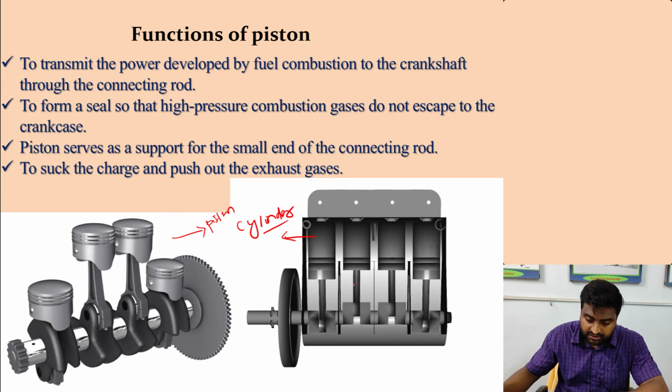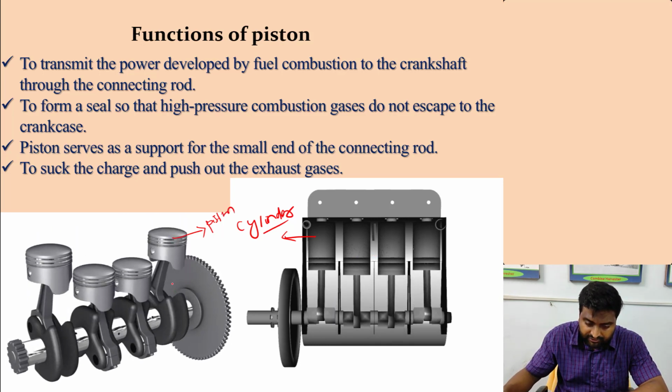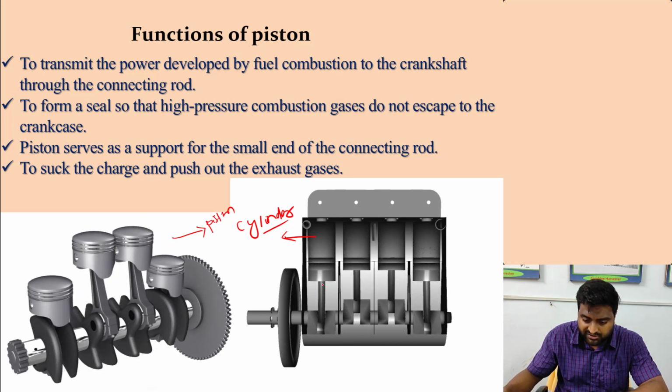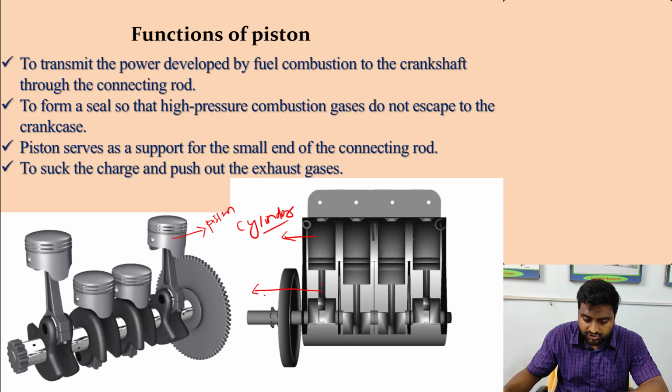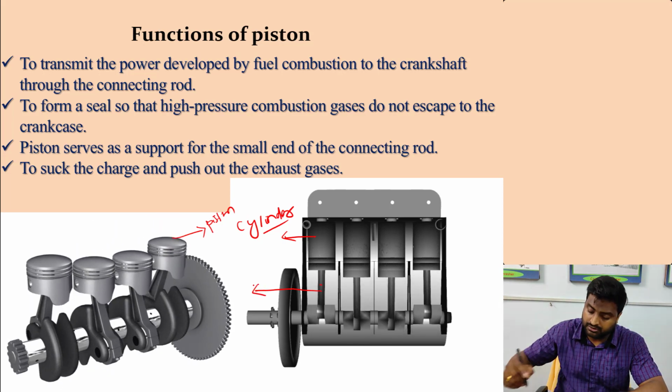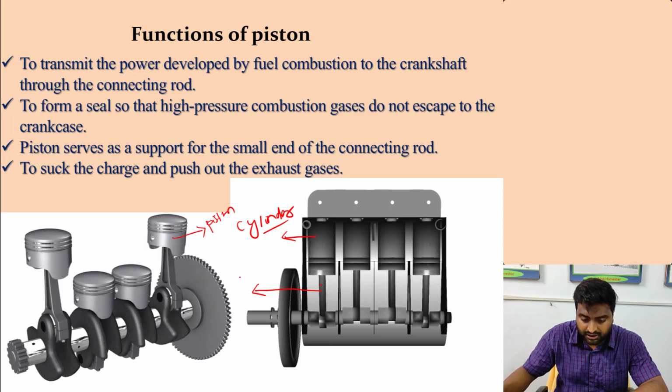Correct. And the third one is linked with the piston. You can see over here it's linked. So this is known as the connecting rod, which actually helps in reciprocating the pistons.